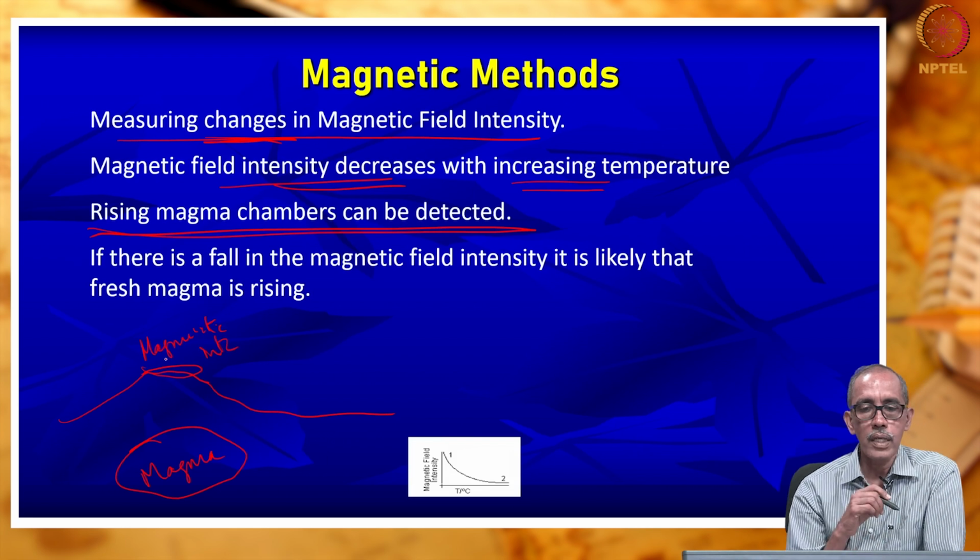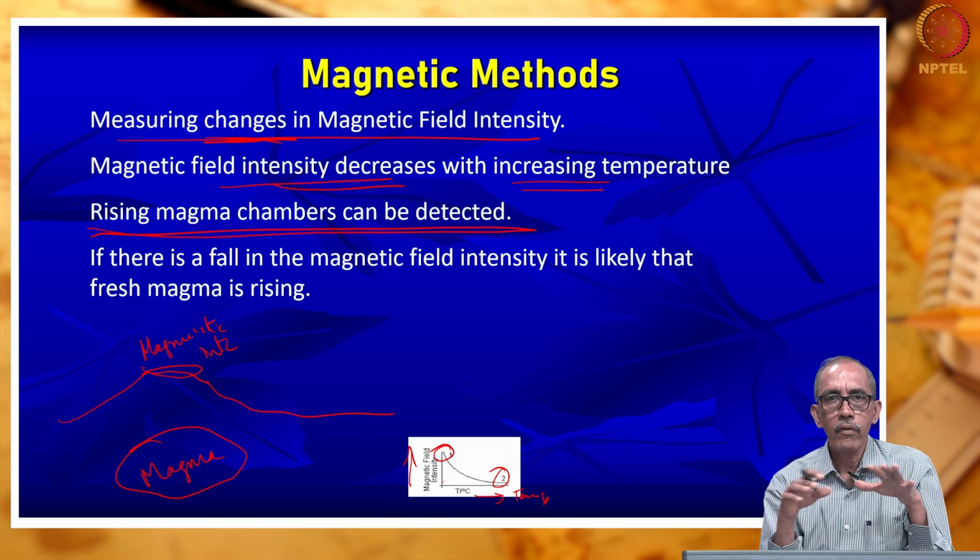Here we are measuring the magnetic intensity. Before it melts, magnetic intensity is very high at time 1. At time 2, that means the temperature is rising. This is temperature, this is the magnetic field intensity. When the temperature is less, the magnetic field intensity was very high. At time 2, when you make the measurement, the magnetic field intensity has been reduced.